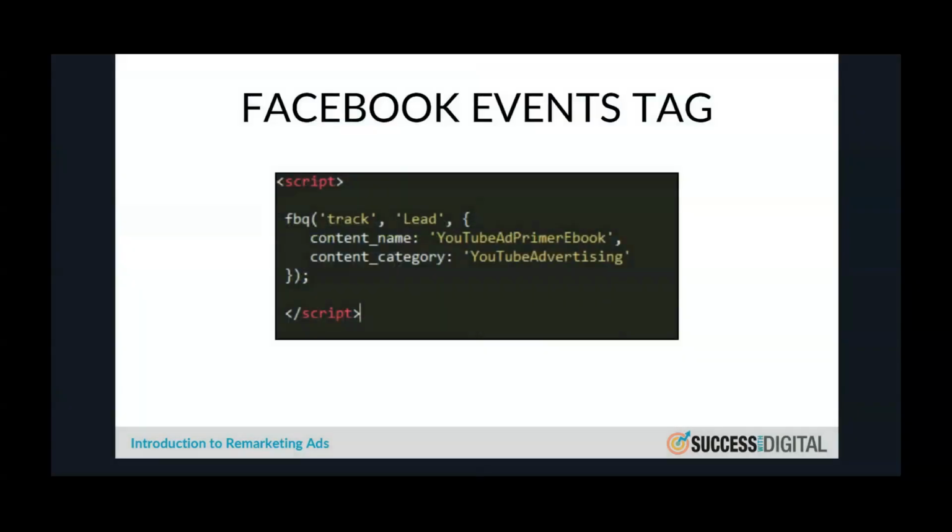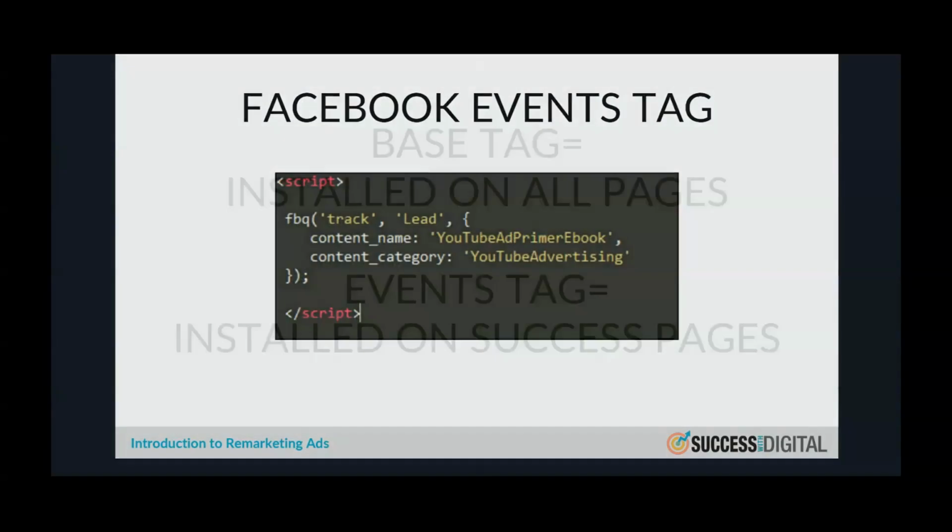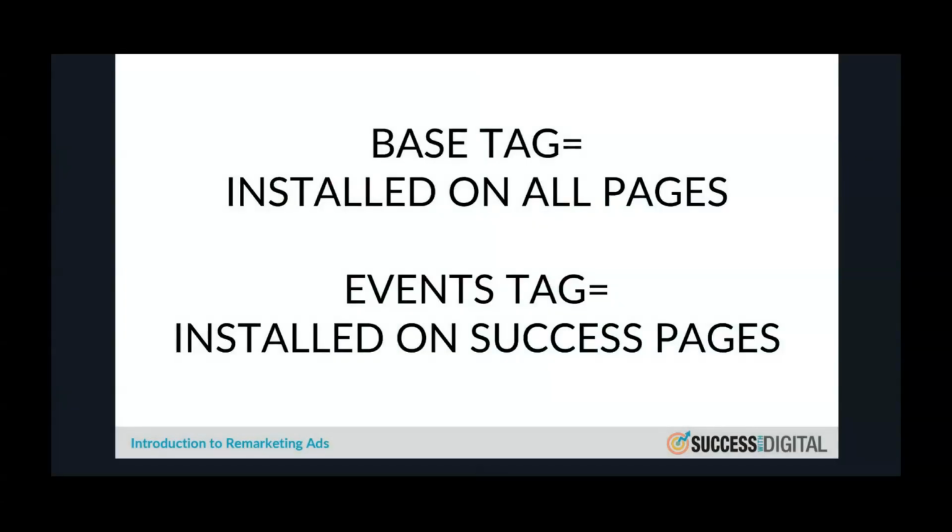And then for Facebook events tags, you would use it when something is successful. So an example of that is if I have a page on my website that is for book a consultation, and then I have a thank you page that people visit once they fill out the form to book the consultation, then I would add my events tag on the thank you page.